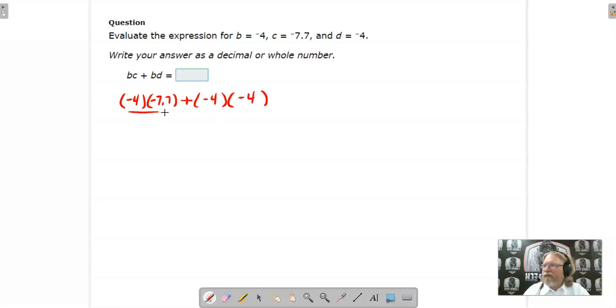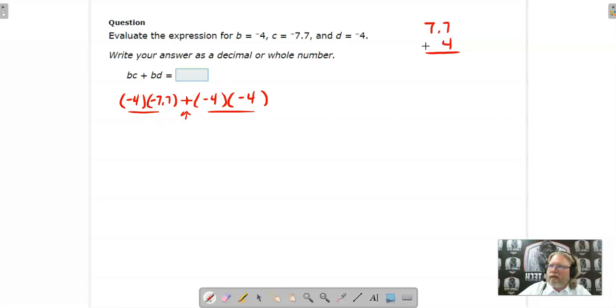So let's take care. We have multiplication here, and we're going to have to do each of those sides before we deal with this addition. So negative 4 times negative 7.7. Well, it is negative times negative, so I know it's going to be a positive. That's good. And 4 times 7.7. I could get my calculator out, but let's do that over here to the side. 7.7 times 4.